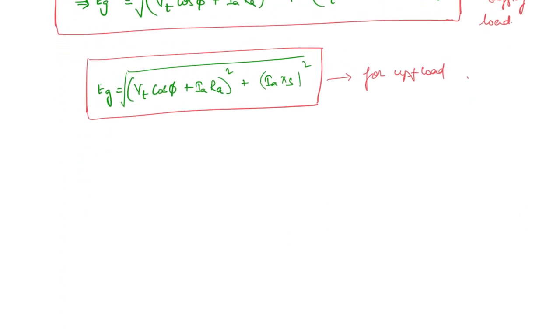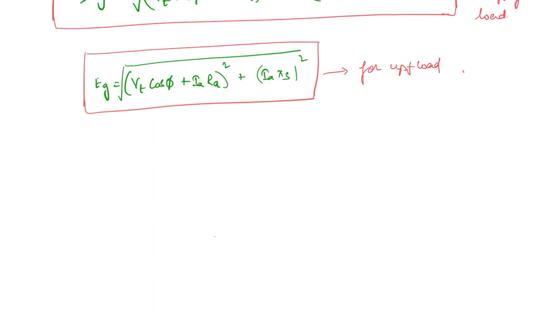Now what happens for leading load? So if you take this as terminal voltage and the current is leading, right? So we will take this angle to be phi. Now you're going to have IaRa here. This is parallel to this. Now what will be the drop across the reactance?